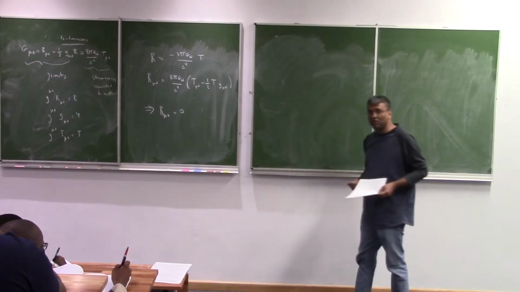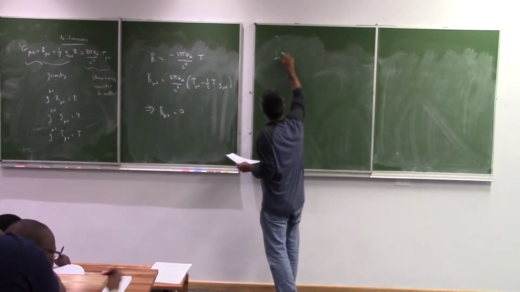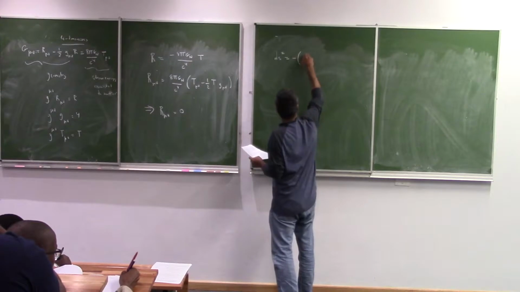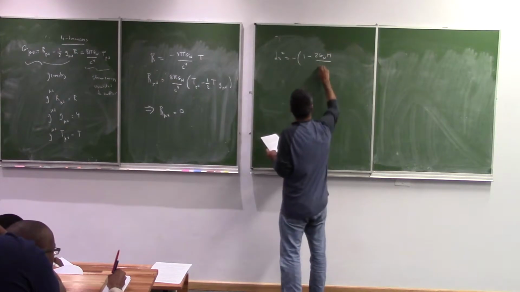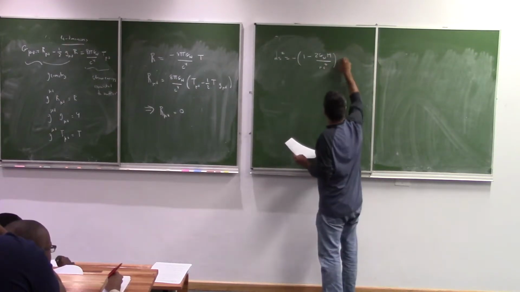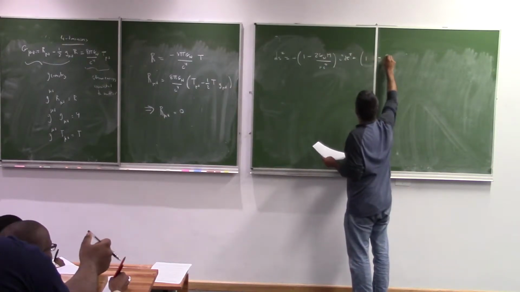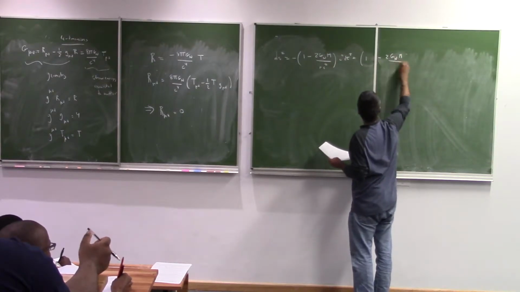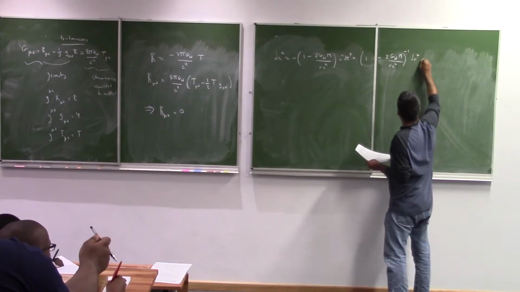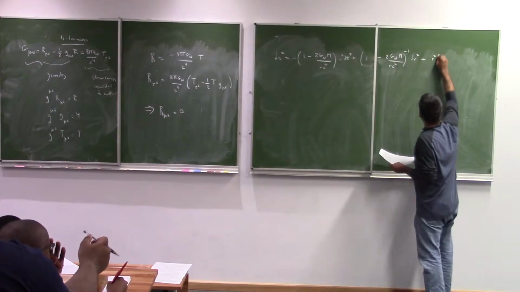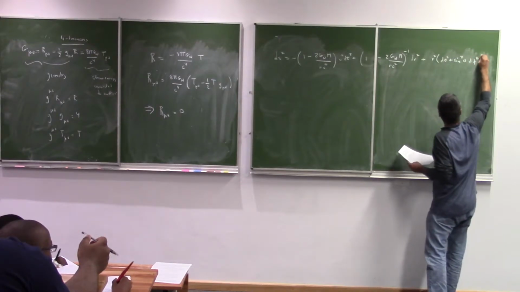So this solution is a metric. The metric looks like this. ds squared is minus (1 minus 2 G_N M over r c squared) c squared dt squared, plus (1 minus 2 G_N M over r c squared) inverse dr squared plus r squared (d theta squared plus sine squared theta d phi squared).